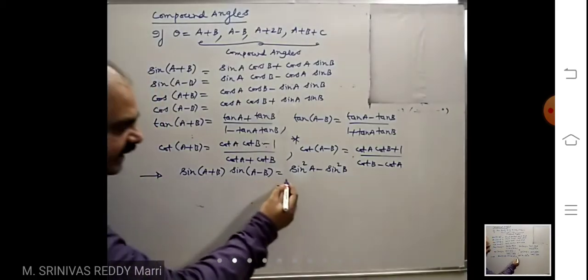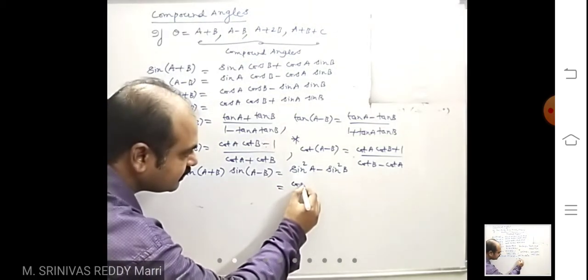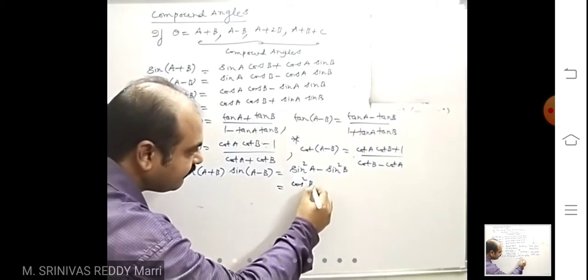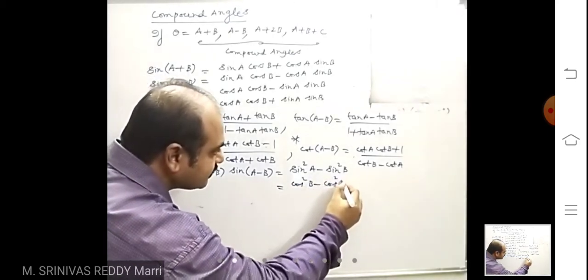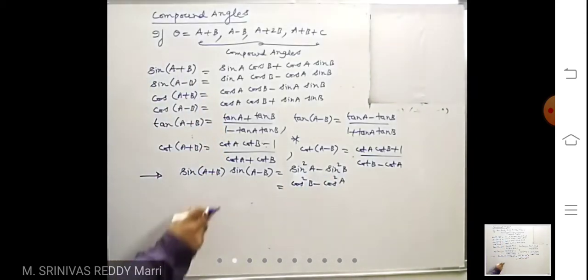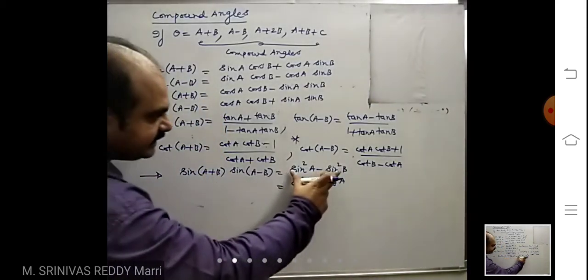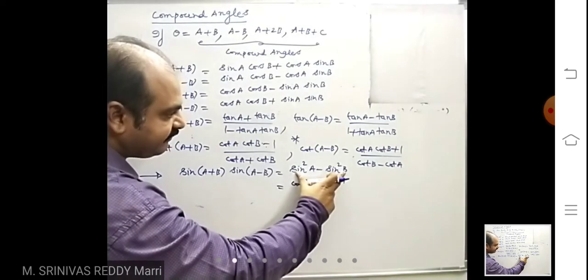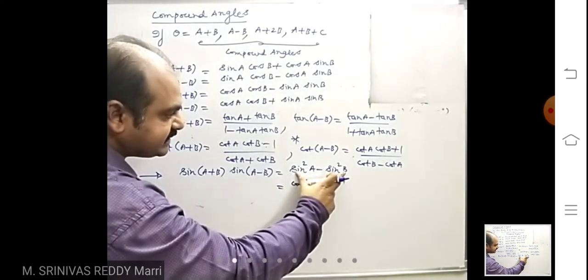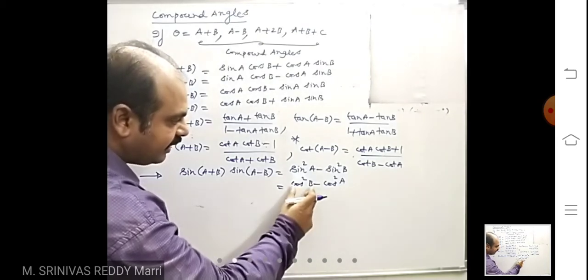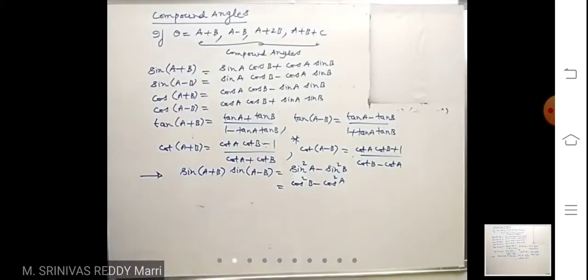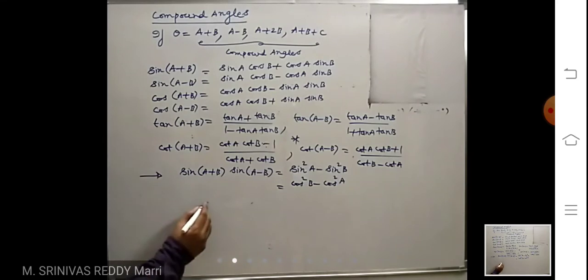If you want to write it in cos, it is cos square second angle minus cos square first angle. So the formula is sine square first angle minus sine square second angle, or cos square second angle minus cos square first angle.